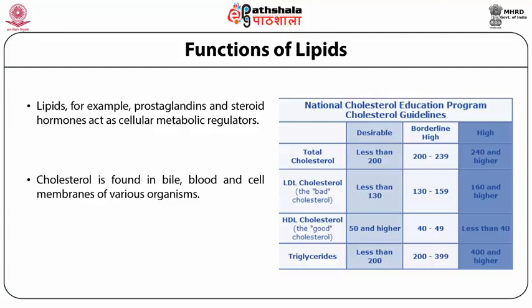If we look at the table, we can find that there was a National Cholesterol Education Program, and certain guidelines have been framed for cholesterol to regulate various cellular metabolic activity. And we can see the category of cholesterol specifically.